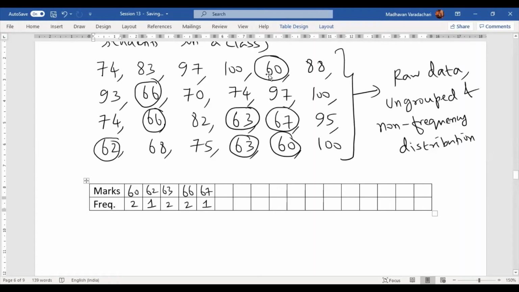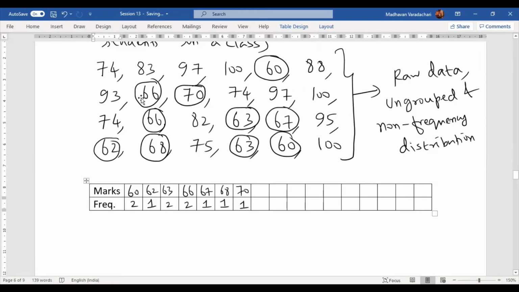Then is 68 there? Yes, only once. Is 69 there? No. 70 is there? Yes, here it is. 71 is there?